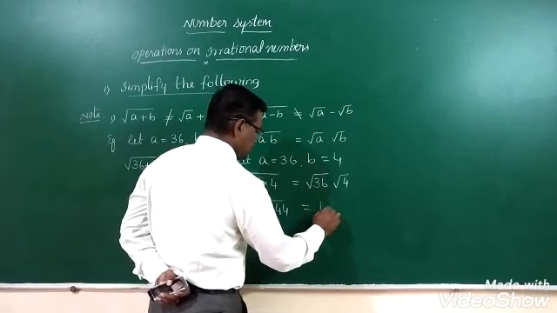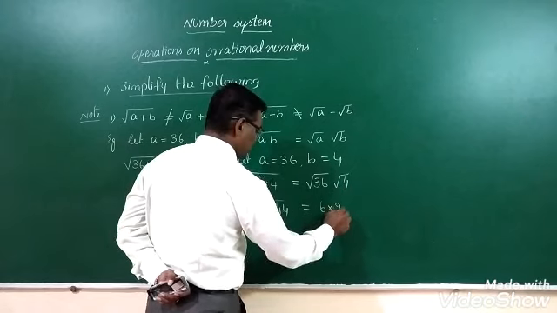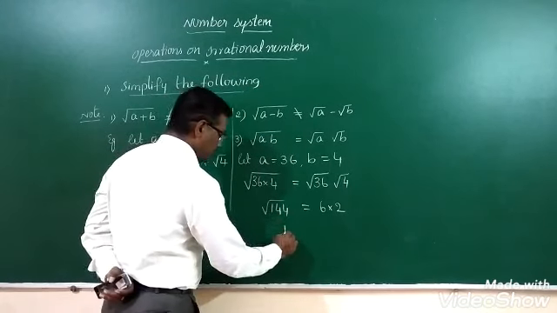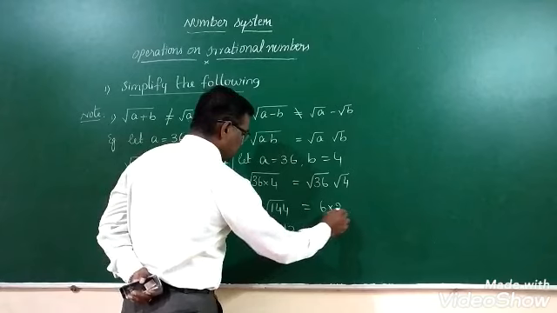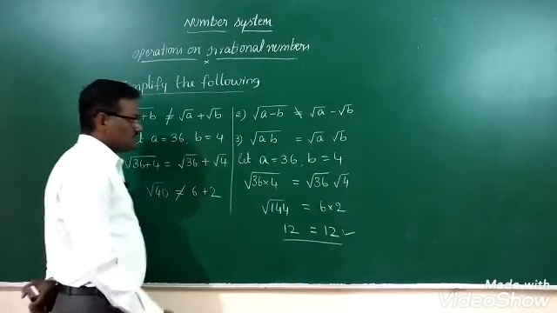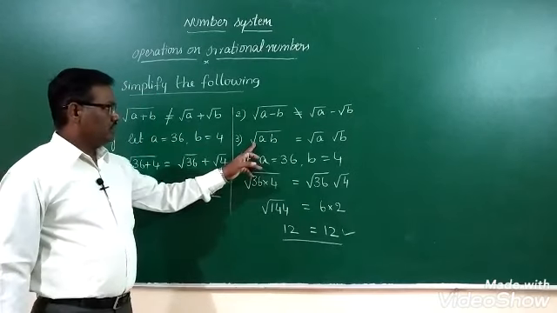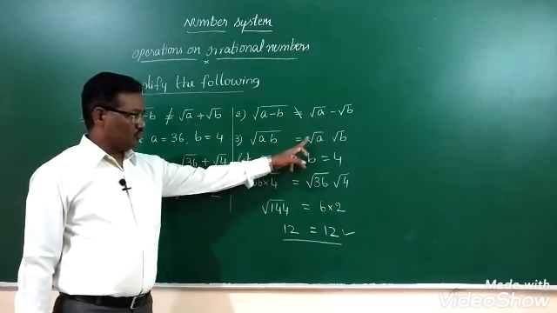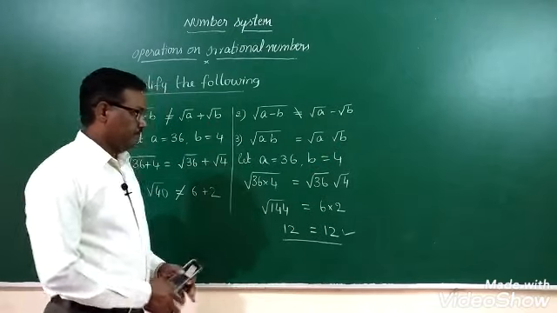Root a into root b is root 36, which is 6, into root 4, which is 2. Root 144 is 12, and 6 twos are 12. Yes, it is possible. Is it clear now? Root of a into b equals root a into root b.